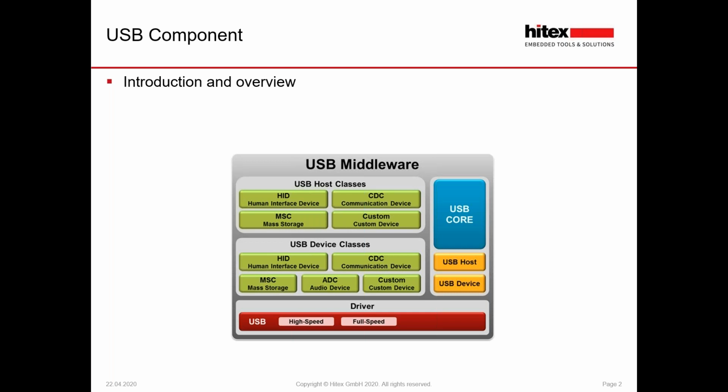The USB device provides the basic core library to communicate with the USB peripheral. And on top of that, it supports a number of USB classes. So we'll have a look through those as well. There's communication device class, human interface device, mass storage, audio, and if you want to, you can develop your own custom device as well.